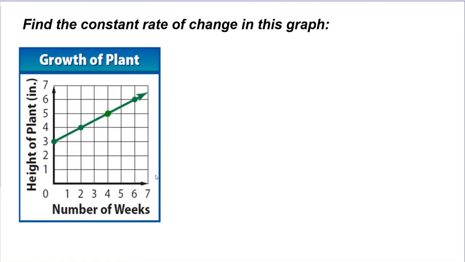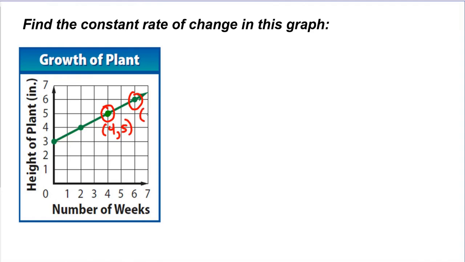So look at this graph that we have here that shows the growth of a plant over a number of weeks. And you'll see that we have 4 points on this graph that we can choose from. We can choose any 2 points on this graph to find our rate of change. So let's pick these 2 right here. This first point has an ordered pair of 4 weeks, 5 inches.